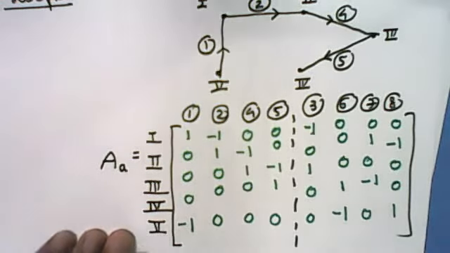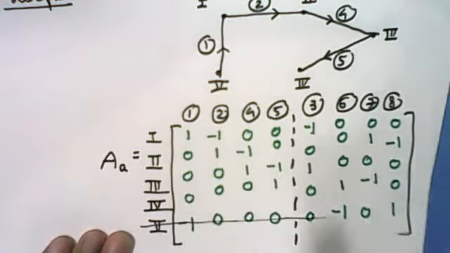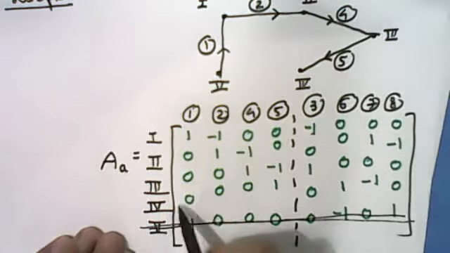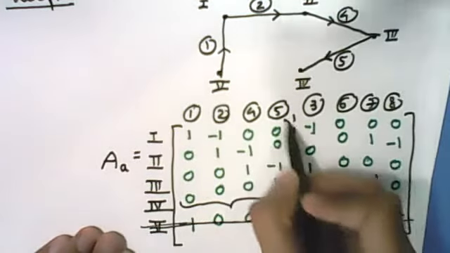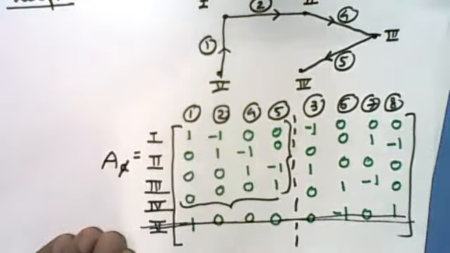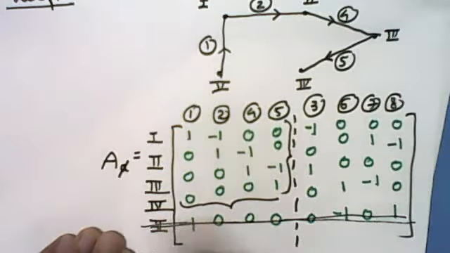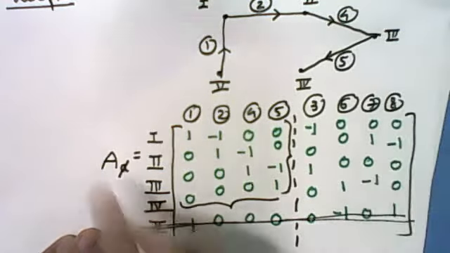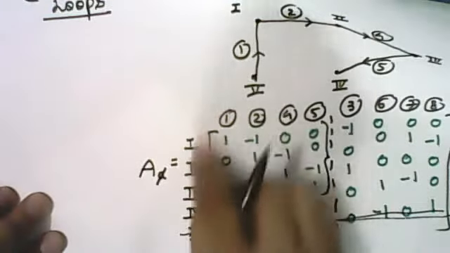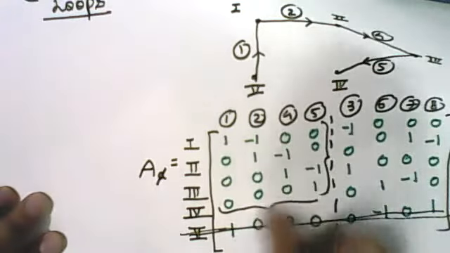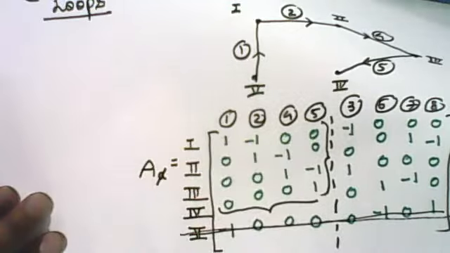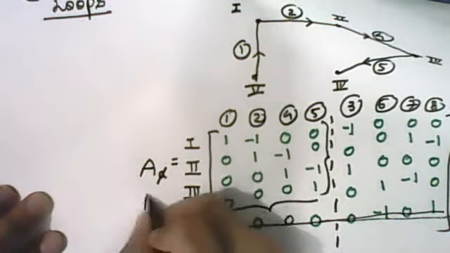Now I will simply remove my reference node or the 5th node. So now I am left with a matrix or a submatrix of A. I will not call this AA. I will simply call this A because I have removed the last row. So this small portion of this matrix, only this one, including 1 2 4 5 and first, second, third, fourth, I'll call this AI.